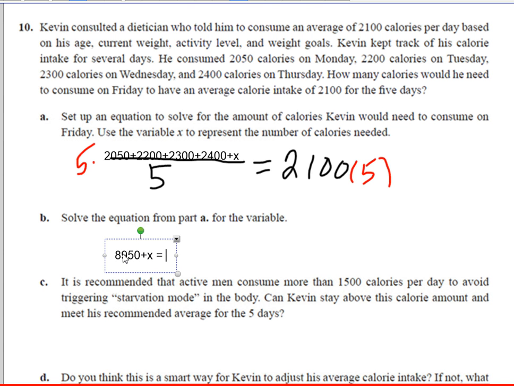And it needs to be a total of 10,500 calories. And so then all we have to do is subtract the total that we have so far, which is 8,950.